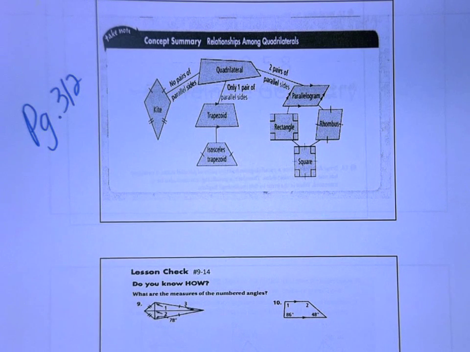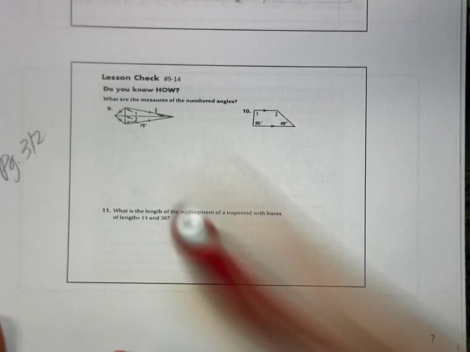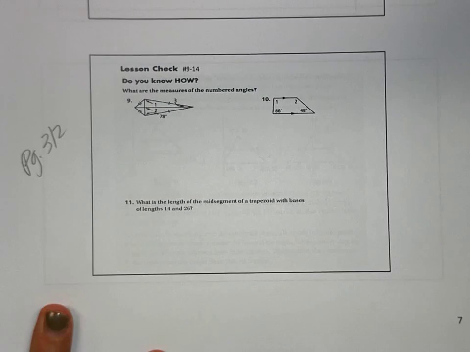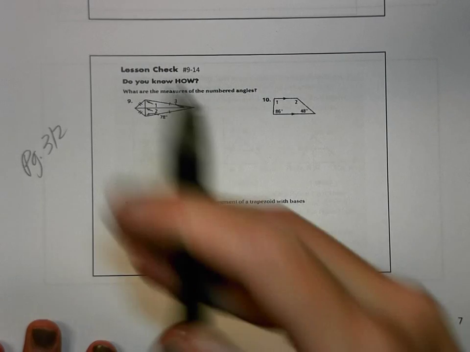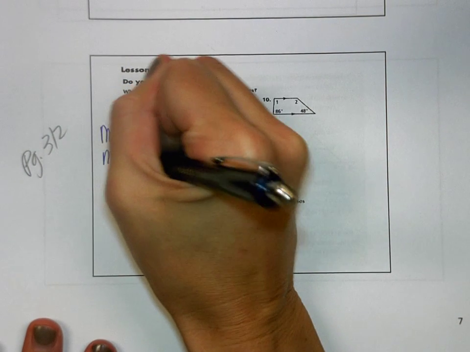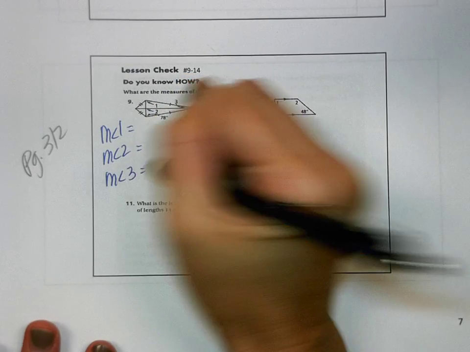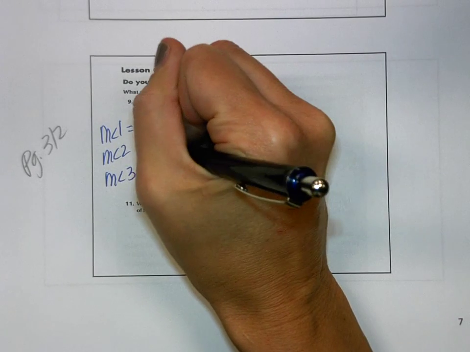Okay, so we're just going to do a couple problems here on the lesson check. On page 312, number 9, there are 3 angles we're looking for: measure angle 1, measure angle 2, and measure angle 3. The easiest one should be measure angle 2, which is 90 degrees.